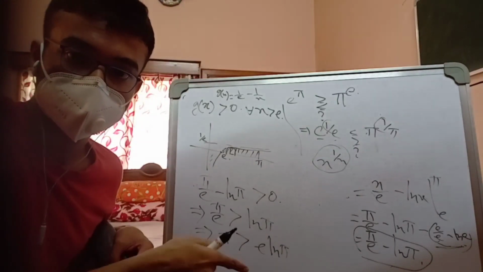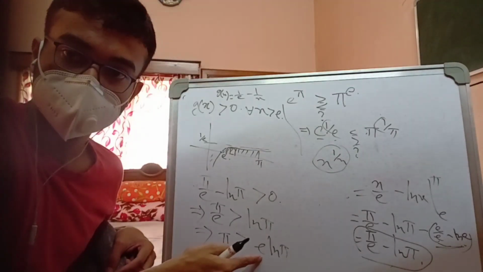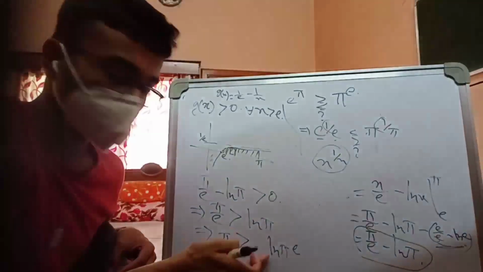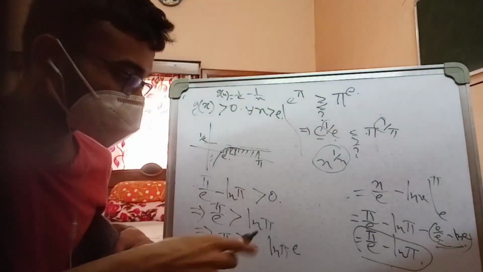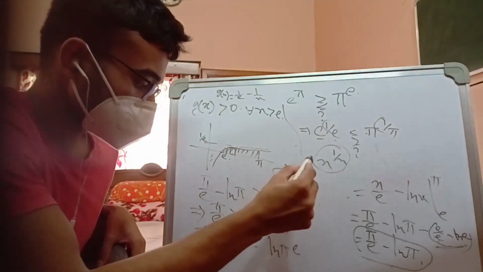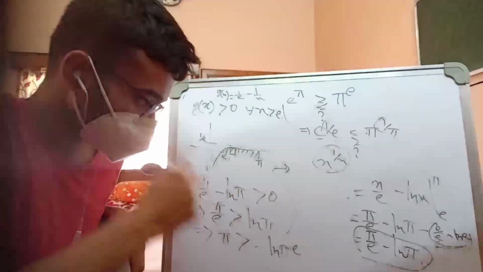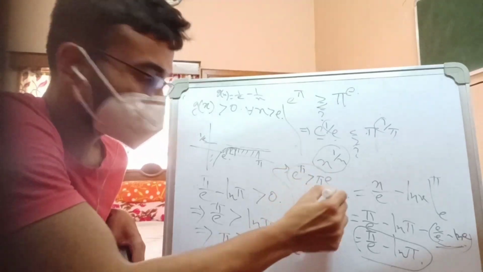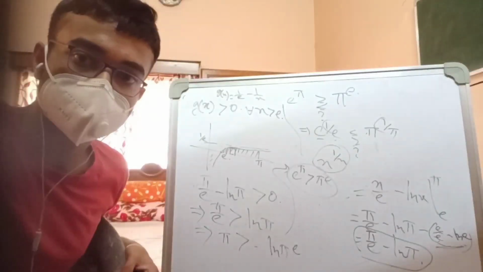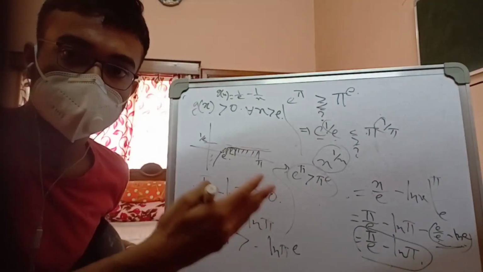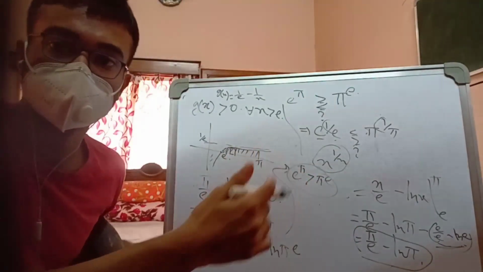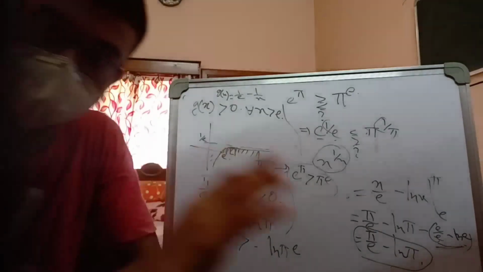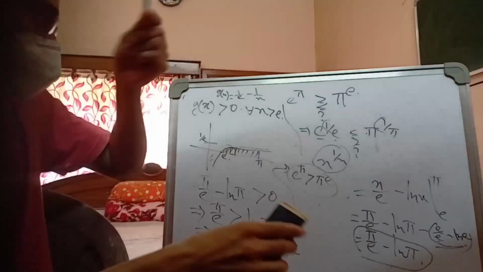As you know, e is in the base and pi is the power, and if we take ln on both sides, that will just give you e to the pi greater than pi to the power e, and hence in a much easier way I have proved the result. So the video is up to that.